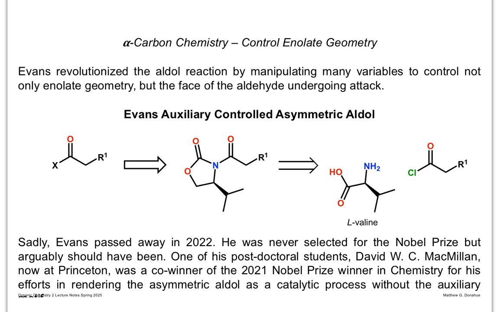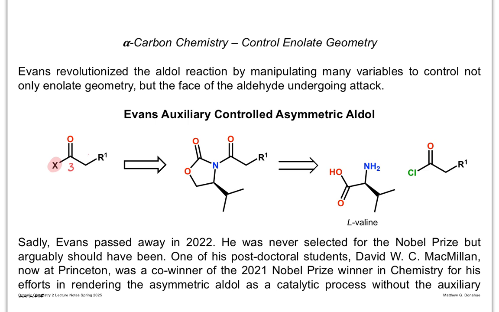So as I said, Evans worked in the Ireland lab and wanted to address this issue of basically accessing one of the aldol stereoisomers. And what he decided to do, if we focus on this X group right here, is use a substrate where the carbonyl is oxidation state 3.